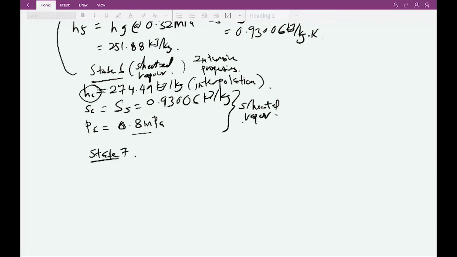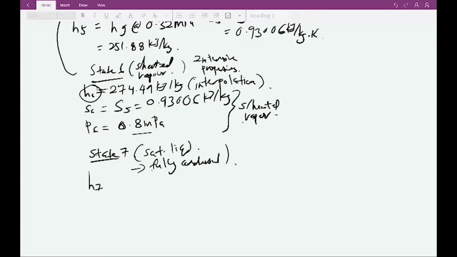Now we move to state 7. State 7 passes through the condenser and becomes saturated liquid after it is fully condensed. Normally for an ideal vapor compression cycle, all of the processes must obey the ideal process. This process is condensation, and when it passes through the condenser, we assume that all of the vapor is condensed and becomes a saturated liquid.